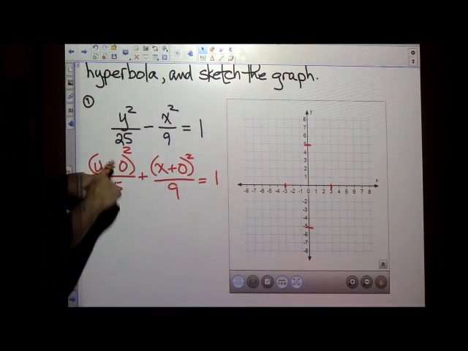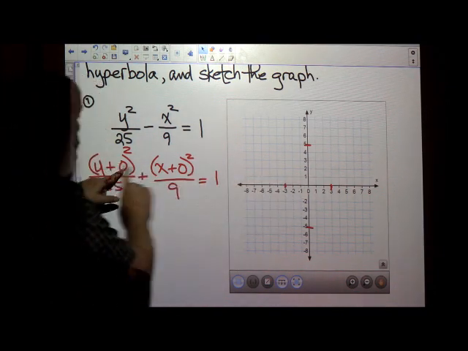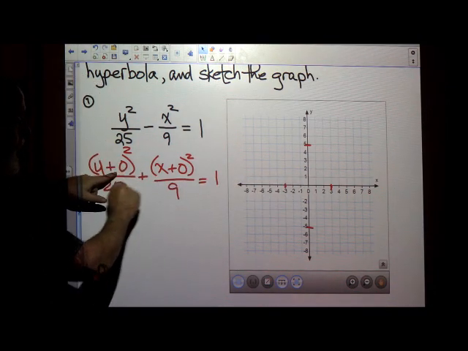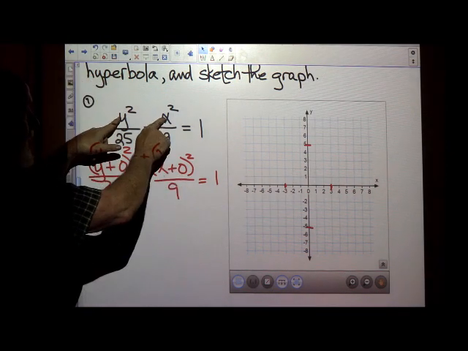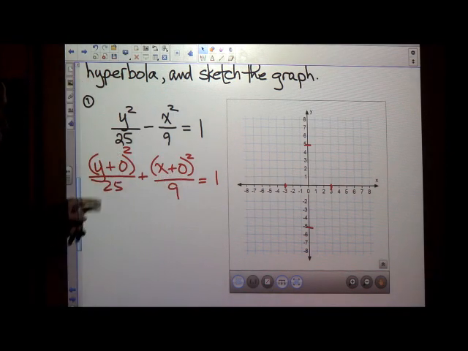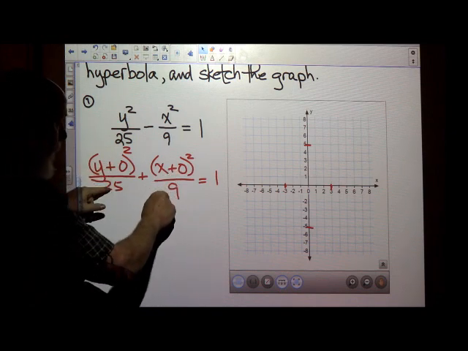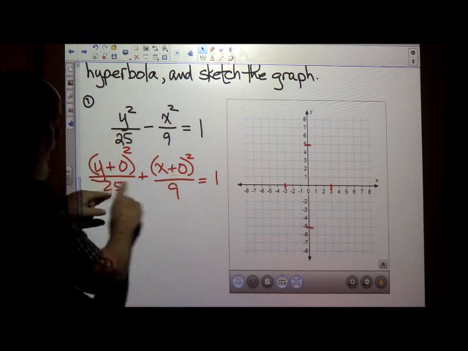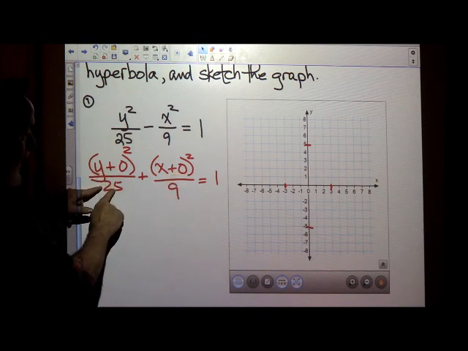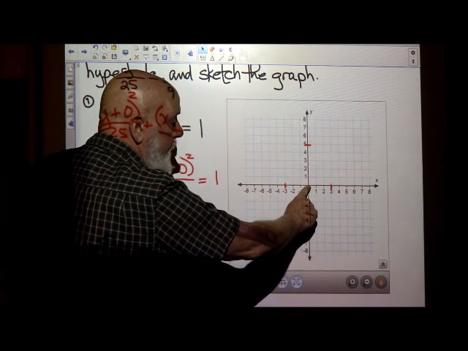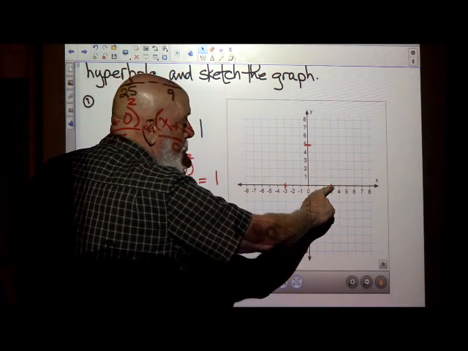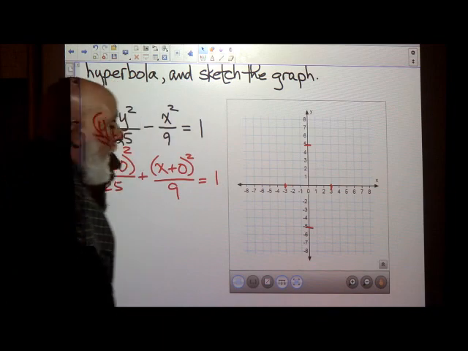And this would tell me how far from the origin I go up and down, and how far from the origin I go left and right. So we can think of these like this if we want to. This tells me from the center of the hyperbola how far we go. That's the square of how far I go up and down, and that's the square of how far I go left and right. So there's the center, left 3, right 3, up 5, down 5.